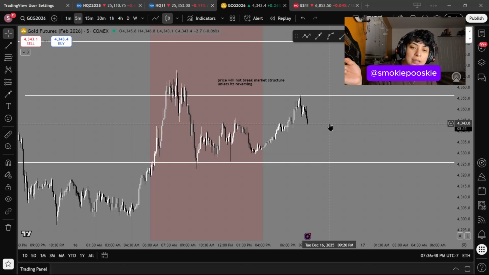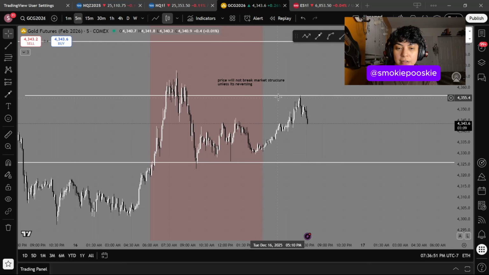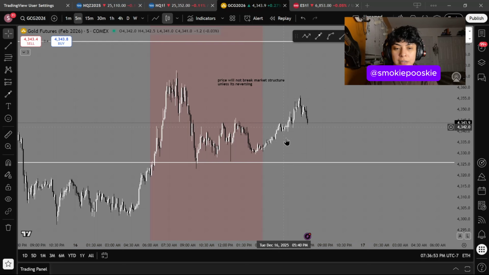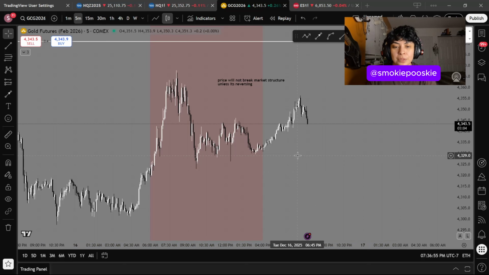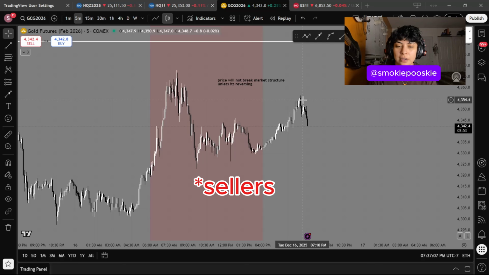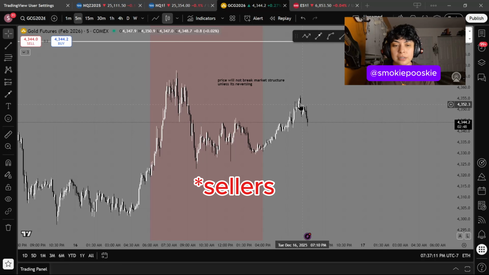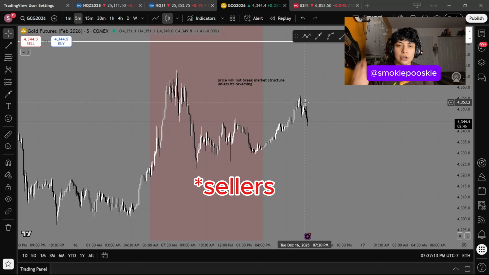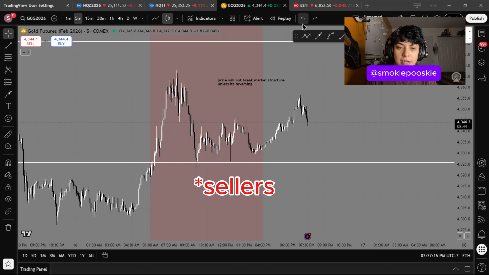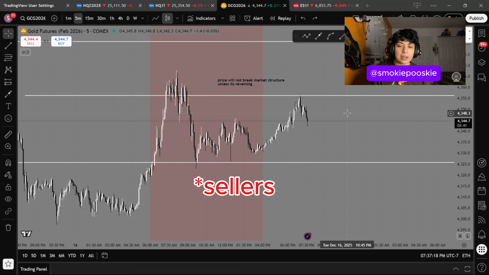If you didn't have these levels and you suddenly just started marking out your levels and price starts to reject right here, you'd wonder why and think, I guess there's just buyers there on the 1 minute or 5 minute time frame. But you could have known there were buyers there because you had that already marked up. You know what I mean?